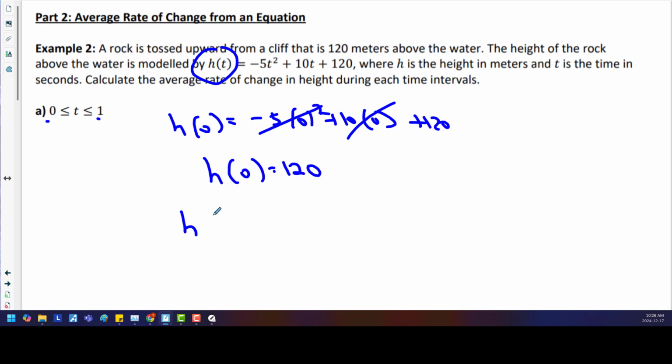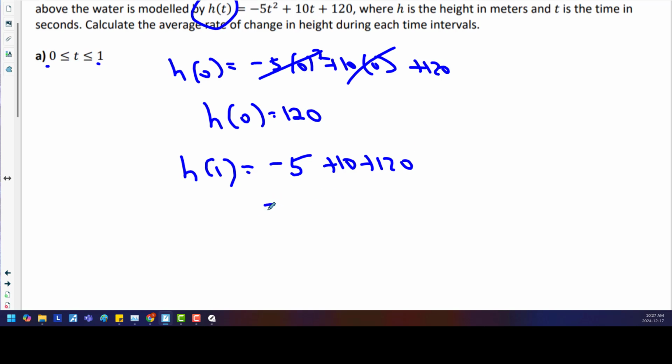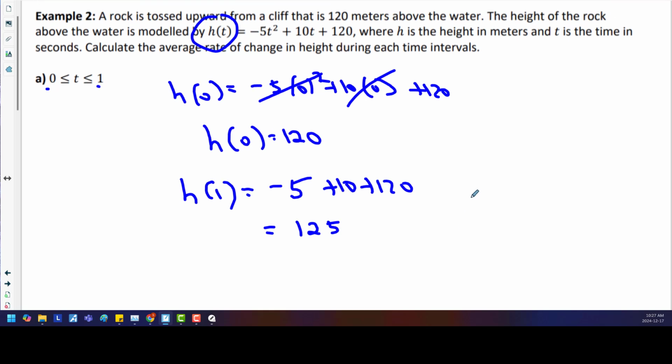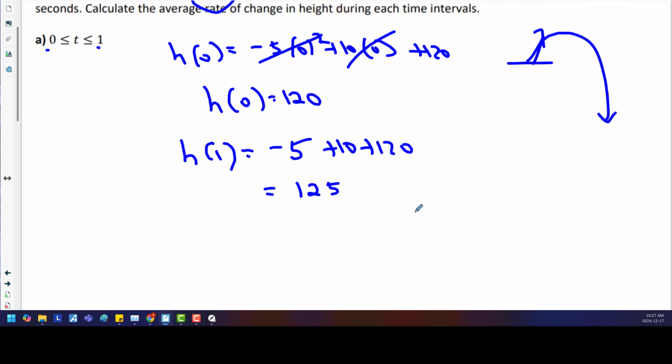Now we're going to figure out h of 1, which is -5 plus 10 plus 120. If I substitute 1 for t, it's just times 1. So that's going to be 125. So the height at 1 second is 125 meters. So it went up a little bit, right? Because we're tossing the rock up over a cliff.